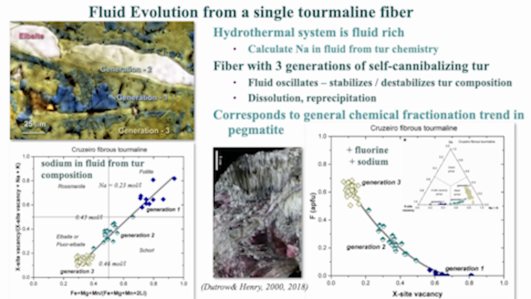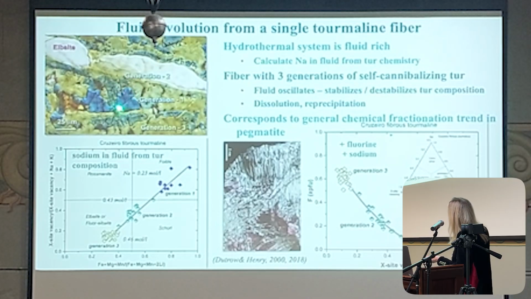In this single fiber, we can recognize 3 distinct generations of tourmaline growth, separated by periods of dissolution. Our first generation of tourmaline growth in the single fiber is this dark blue, and you can see that here. It has a composition that's about 0.23 moles per liter of sodium, so kind of low sodium.